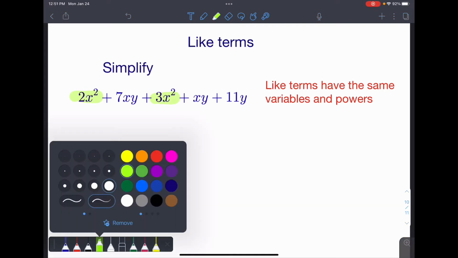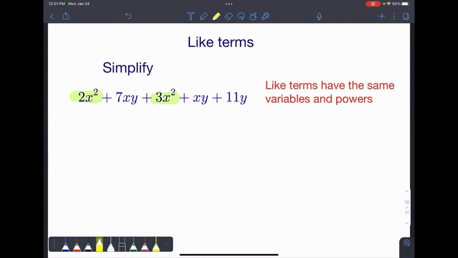Now, are there any other like terms? Well, let's take a look. So remember, we're looking for the same variables and powers. If we look at this second term, it has an x and a y, and both of those powers are the power of 1. There's another term here which also has a single x and a single y with powers of 1.